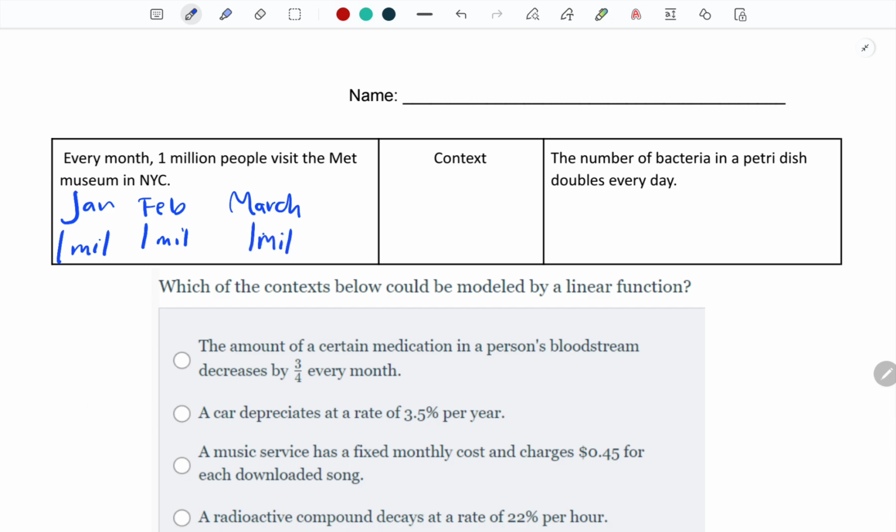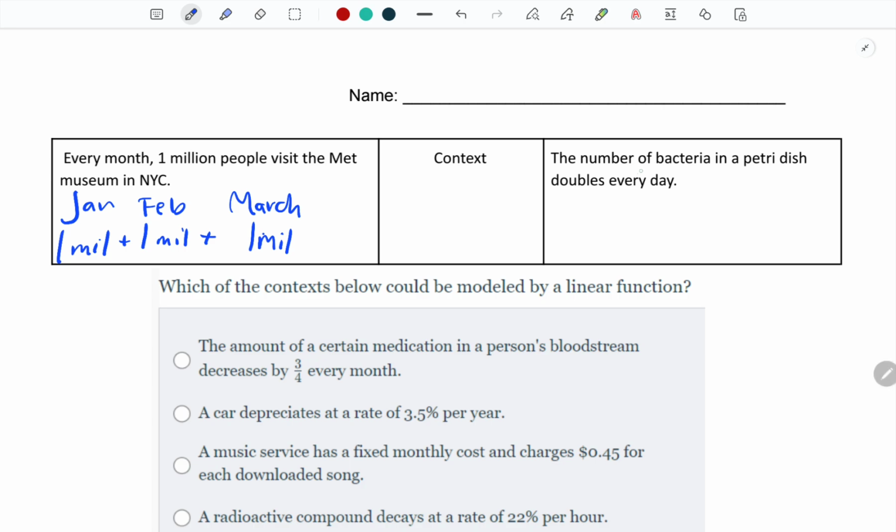Okay, if I was being asked how many people there were that went to the museum after 3 months. Sorry, I had to pause. So let me start over just really quick. If I'm asked how many people have gone to the Met Museum after 3 months, you would add up all the millions and you'd say 3 million. You wouldn't multiply up all the millions and have trillions and kabillions of people. You just add them. Okay?